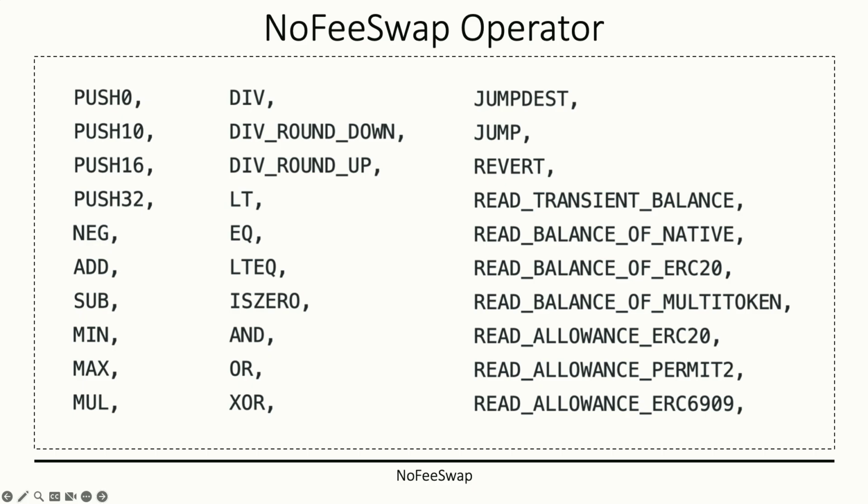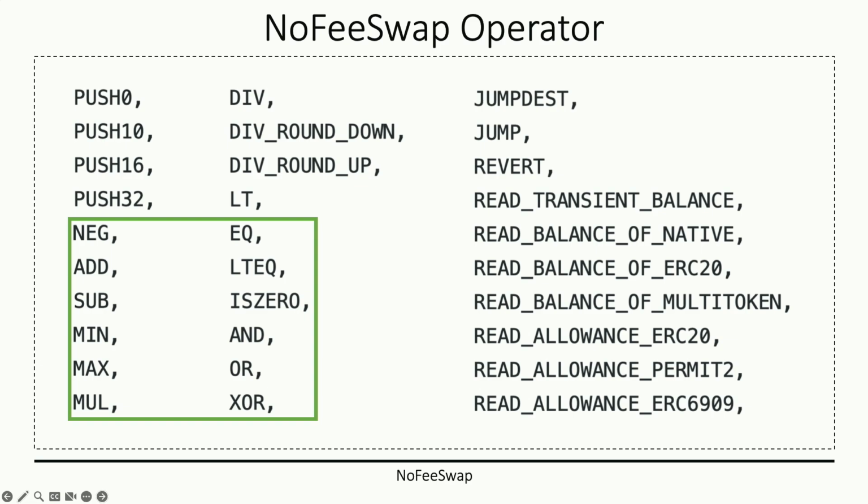Another thing that I want to mention is the operator contract that allows you to have ultimate flexibility with the core. It can act as a router. It can be used for your method of slippage control as well. It is built similar to the EVM itself. You guys are probably familiar with most of these commands.